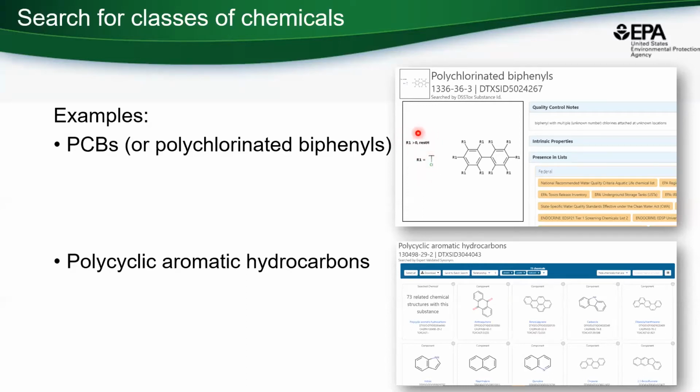And then to be a member of the family, you have to have more than one chlorine, and the rest have to be hydrogen. And if you actually sat down and tried to draw that out and try and get all possible variations of that chemical, you will end up with a total of 209 chemicals that match to the set of PCBs. We have ways informatically to do this.